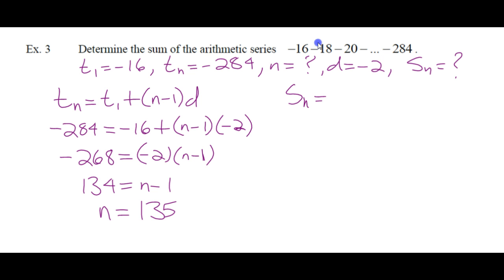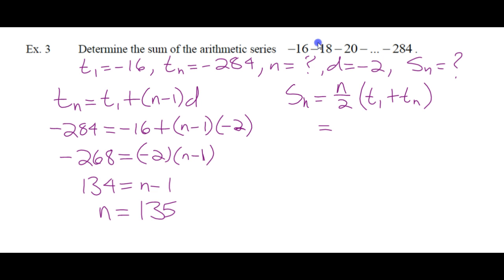So S sub n, n over 2. Which formula? T1 plus Tn or 2T1 plus n minus 1 times d, right? If you've got Tn, yeah, use it, right? So T1 plus Tn.